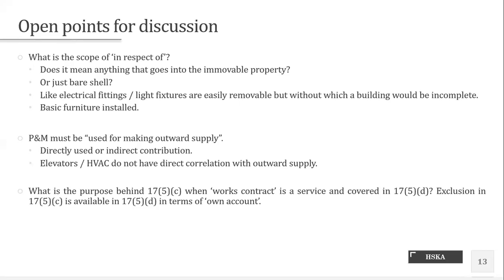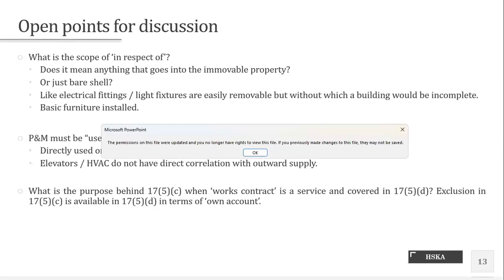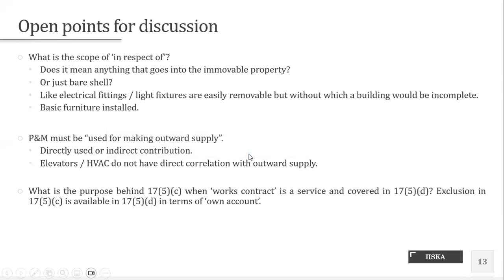There is some ambiguity there, because as a subcontractor also, what I'm doing is works contract work only. Maybe in the capacity of subcontractor, whatever it is, but it is still a works contract only. So if I'm doing that, I get covered under 17.5C.